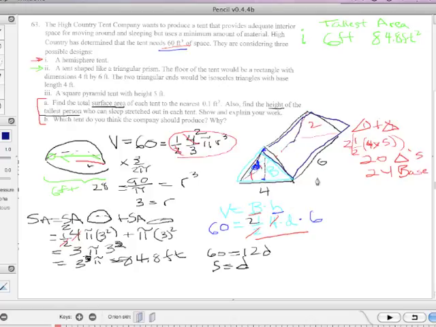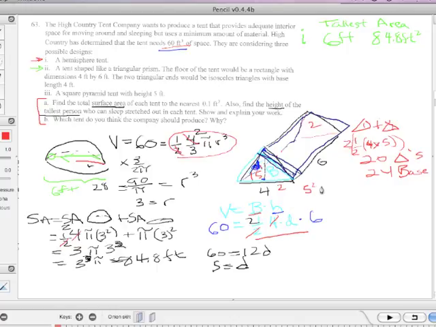Well, we're going to have to use the Pythagorean Theorem for that, because we don't have this distance. And so what is that distance? Well, if we know that D right here is 5, and this is 2, this diagonal distance is going to be the square root of 5 squared plus 2 squared.